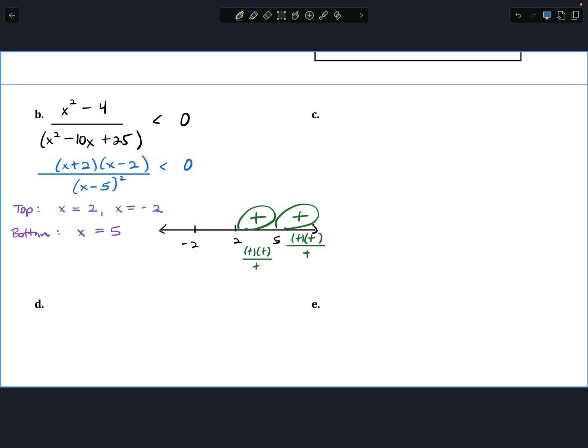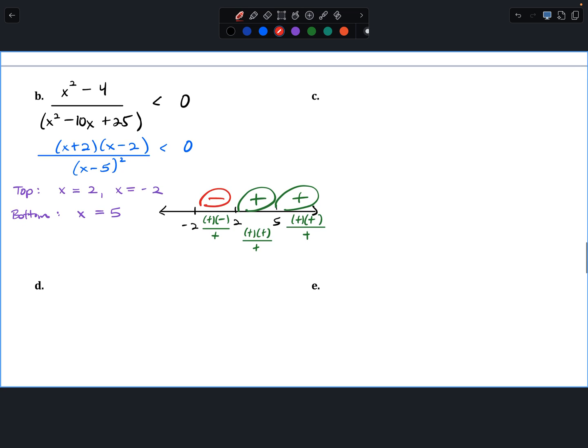Zero. 0 plus 2 is positive. 0 minus 2, negative. And then anything squared is positive. So the numerator is negative. So the result of this fraction is going to be negative.